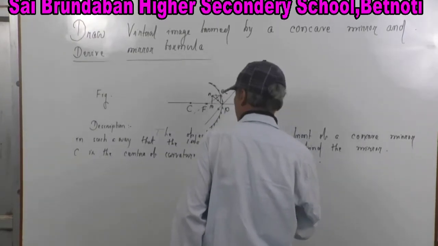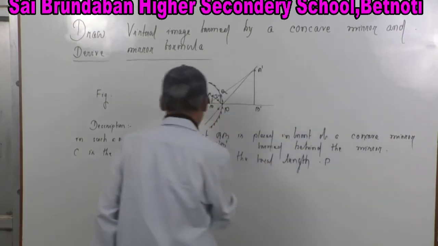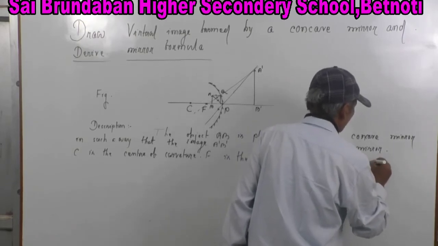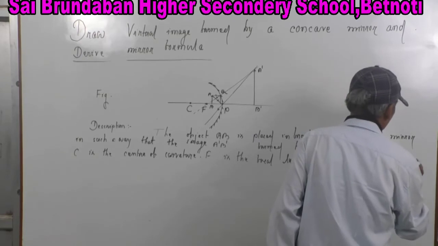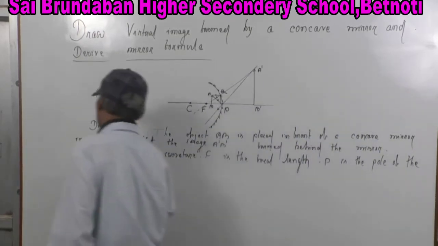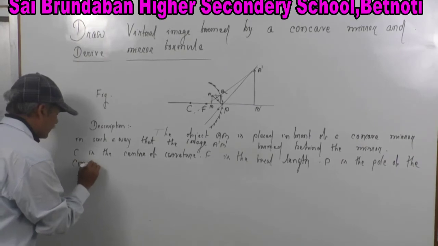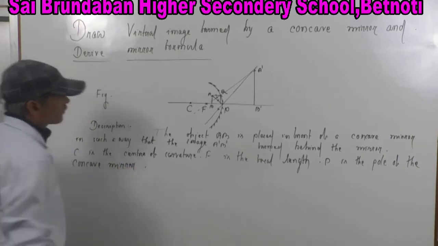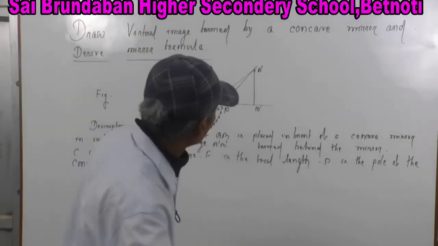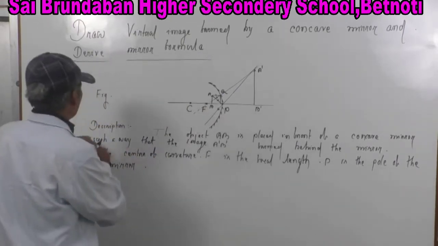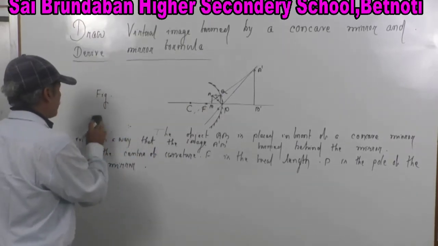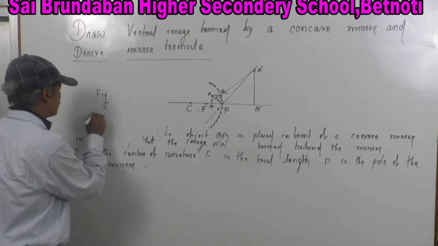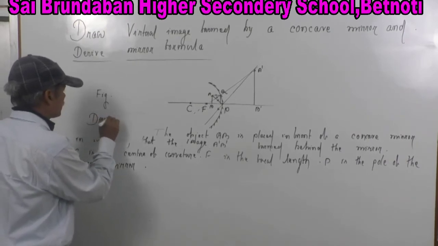P is the pole of the concave mirror. Now, derivation.